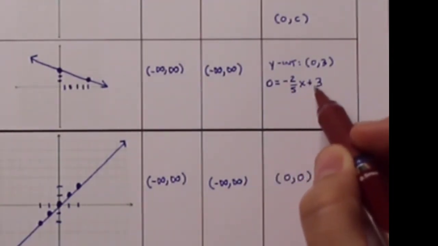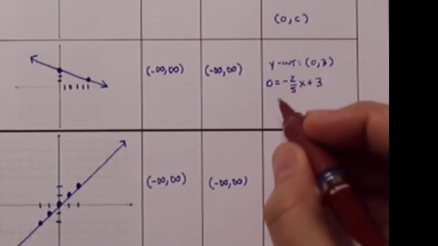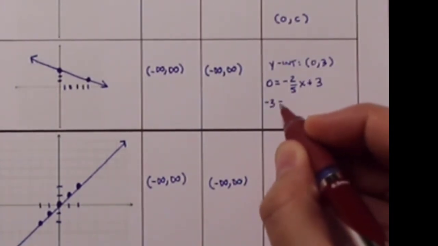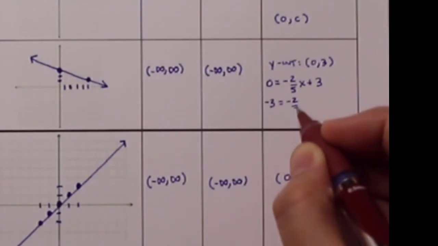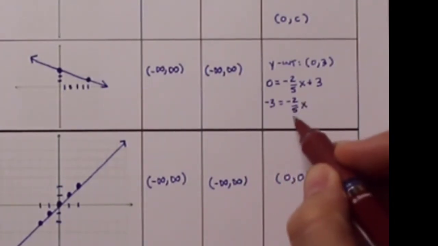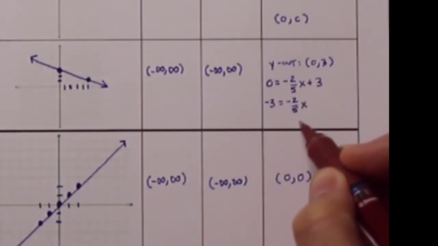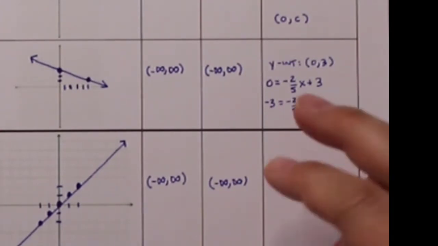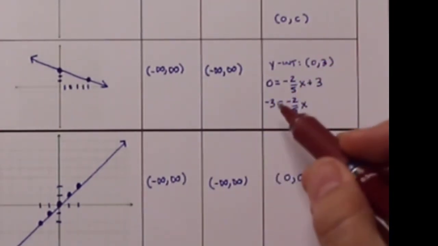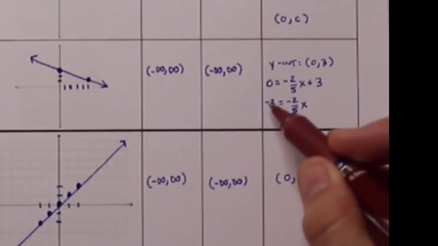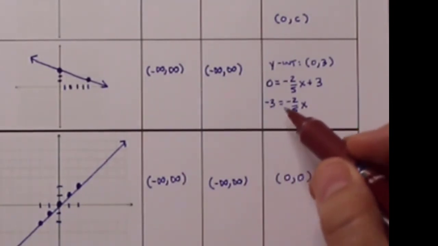I'm going to subtract 3 from both sides. So we have -3 equals -2/5 x. And then I would divide by -2/5, but because it's a fraction, we would flip it and multiply, and times by -5 halves, -5/2.